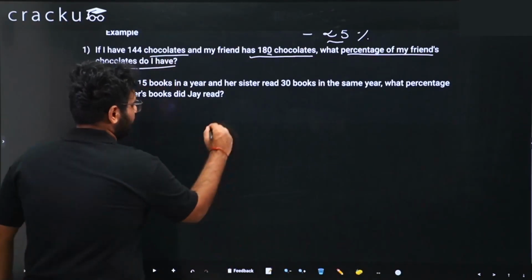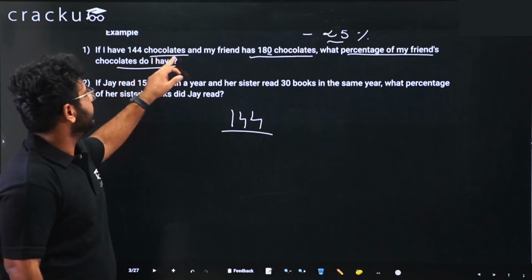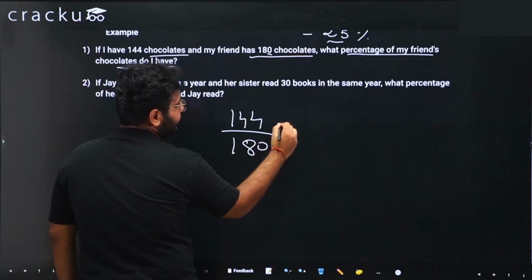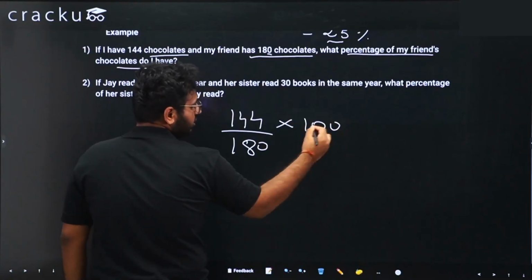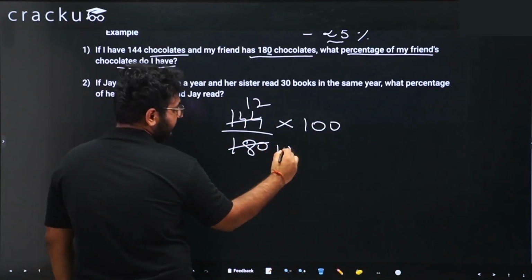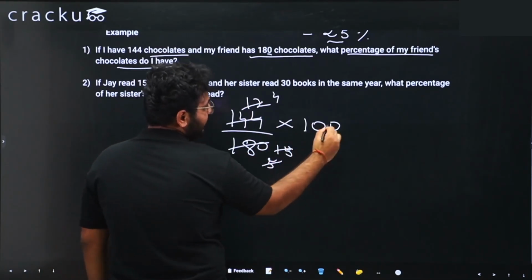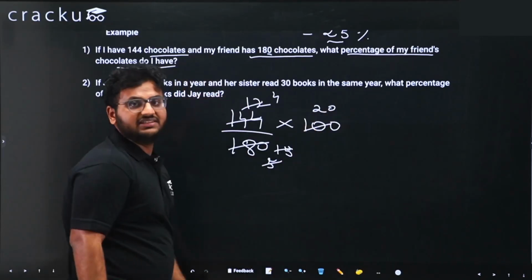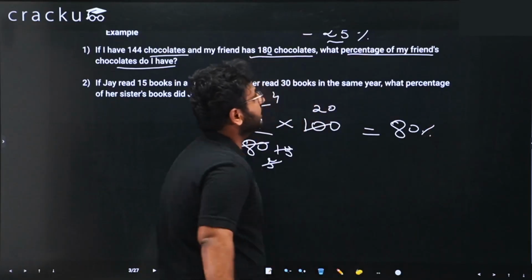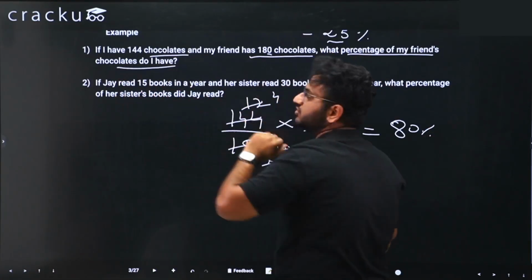The part is 144, and my friend has a total of 180 chocolates, so 180 into 100. 12 twelves are 144 and 12 fifteens are 180. 3 fours are 12, 3 fives are 15. 5 twenties are 100. So 4 into 20 is equal to 80%. The first answer is 80%. My chocolates are 80% of my friend's chocolates.